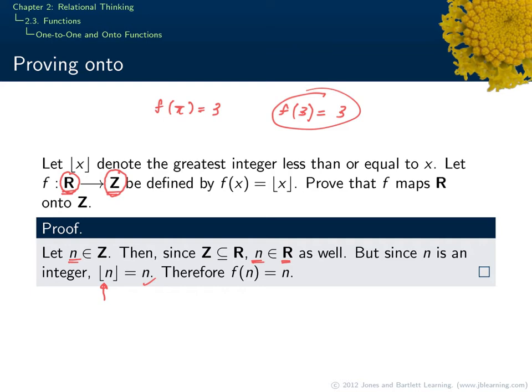Therefore, we have found something back in the real numbers where f of that number is the output that we seek. Again, every onto proof looks something like this. You start with something in the codomain, and then you find something in the domain where f of that something equals the element of the codomain that you started with.